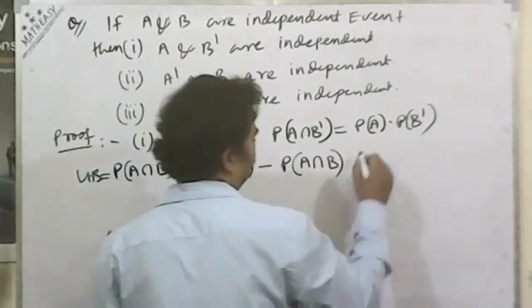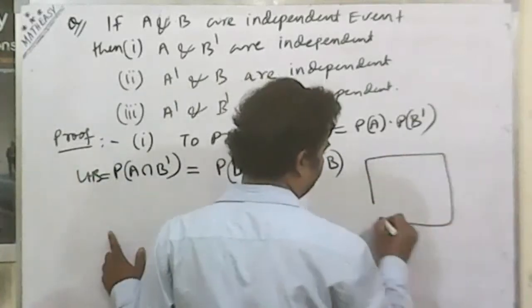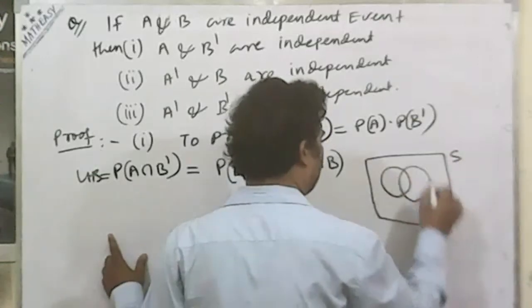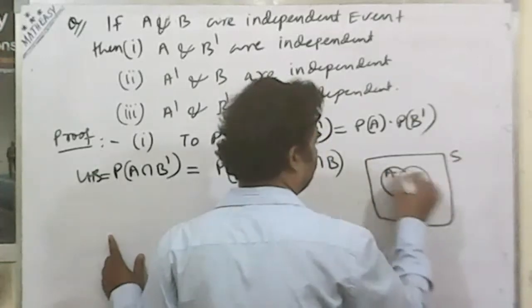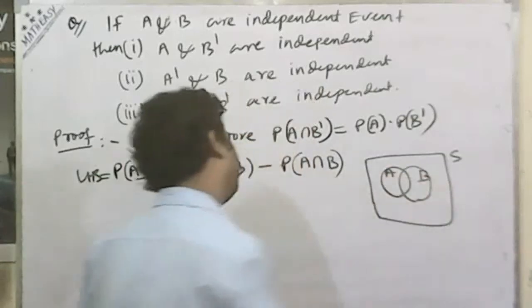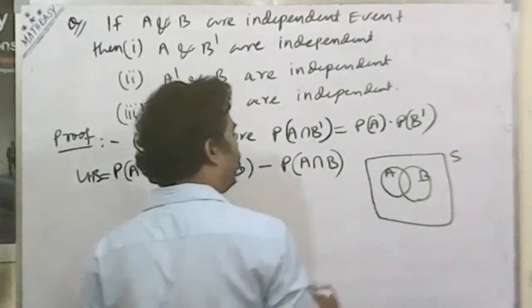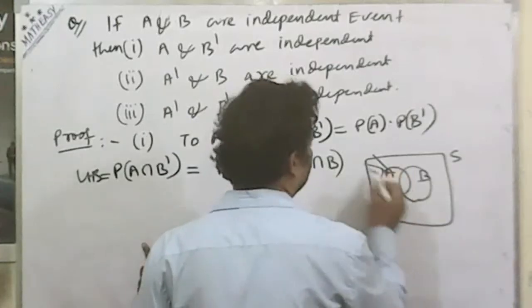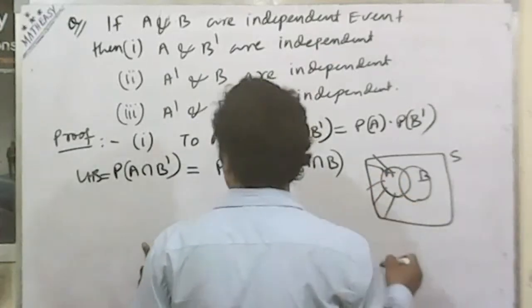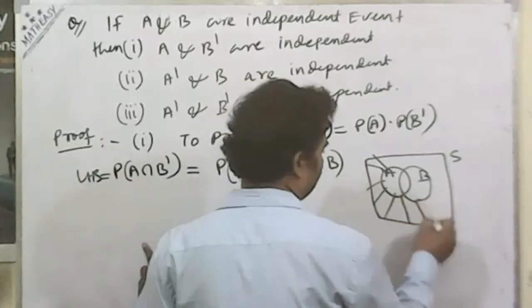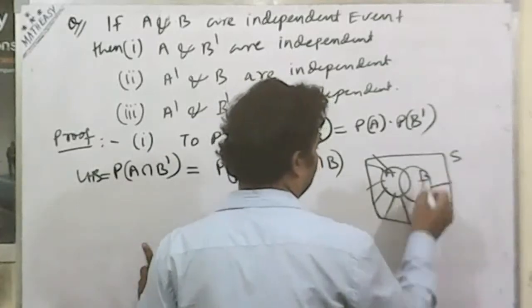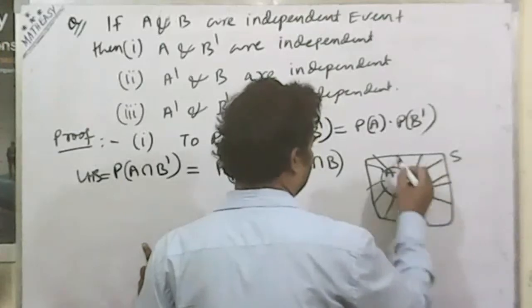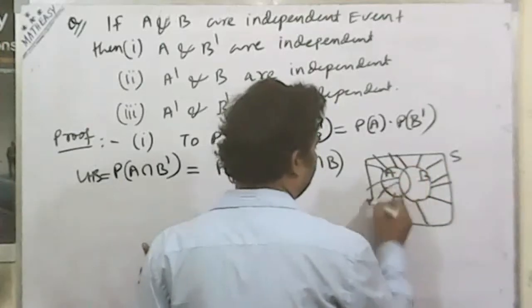Now you check it. This is the sample space. This is A. This is B. So A is the intersection with B, means B dash is what? This is B dash.